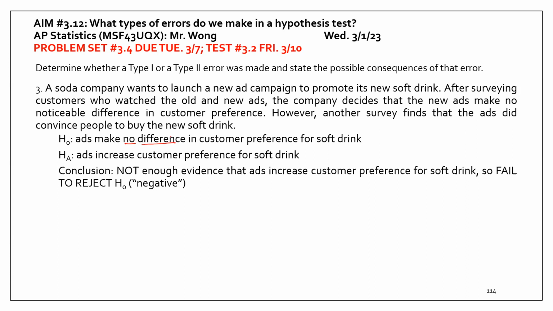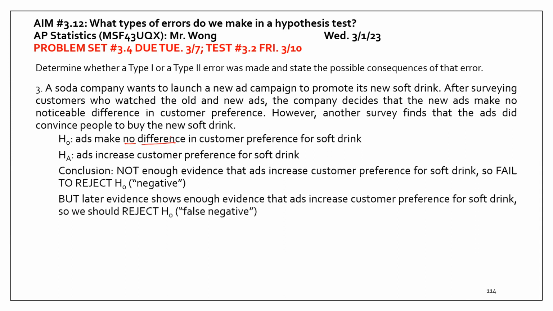But what happens in this context? What happens is that we had another survey that finds out that the ads actually did convince people. So that negative result was in fact false. Because we thought that the ads didn't make a difference, but in fact, later data indicated that the ads did make a difference. And so what type of error is that?